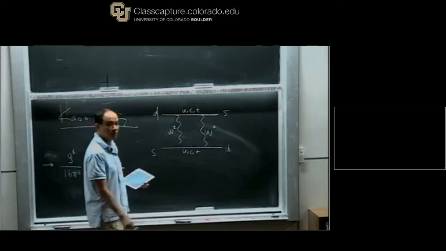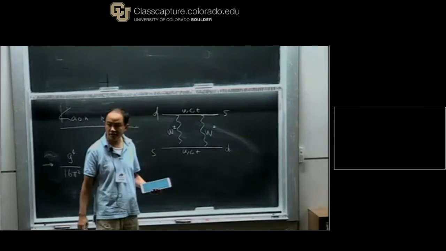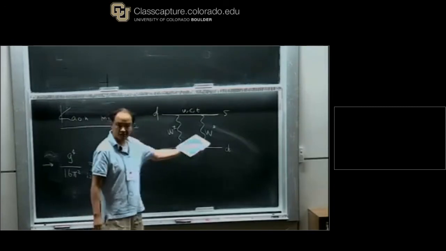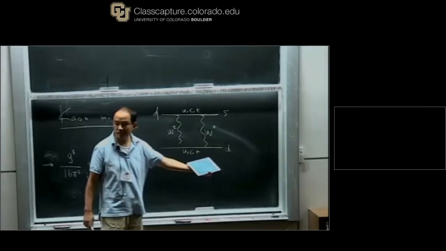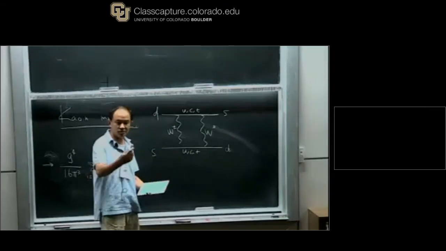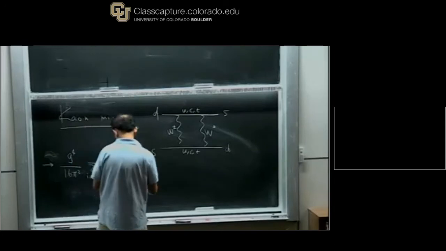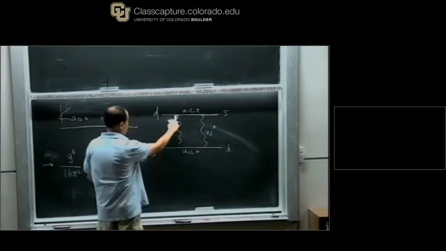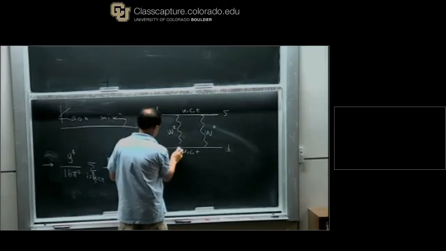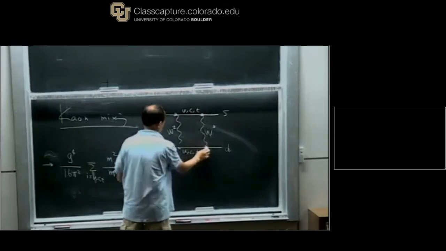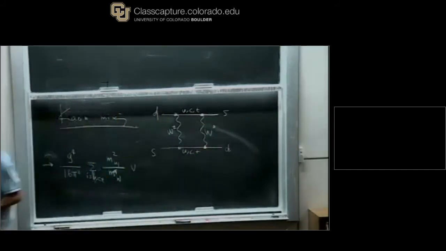M_W to the fourth is simple to understand, I hope, because there are these two W propagators. At very low energy, each of them gives you 1 over M_W squared, and these are the vertices coming from the charged current interaction.